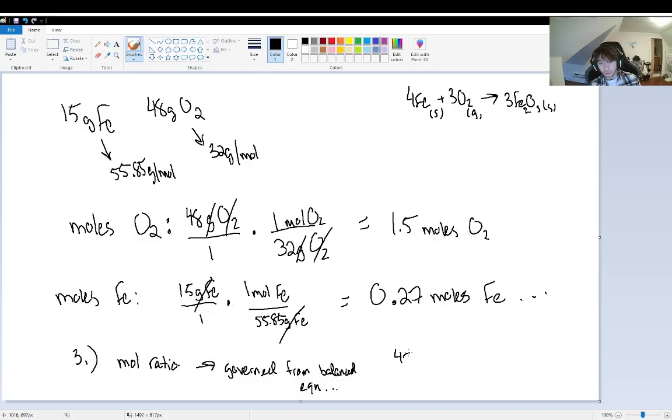So I have 4Fe plus 3O2, and I need to see the ratio of moles of iron versus moles of oxygen that give me moles of my product. What I can see here is that for every 4 moles of iron, it's equivalent to 3 moles of O2 as far as facilitating this reaction.